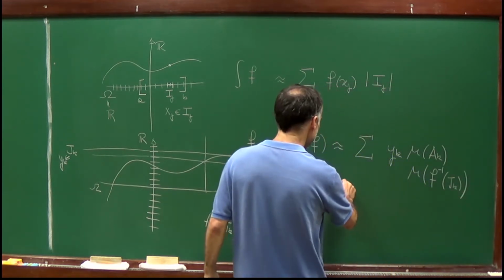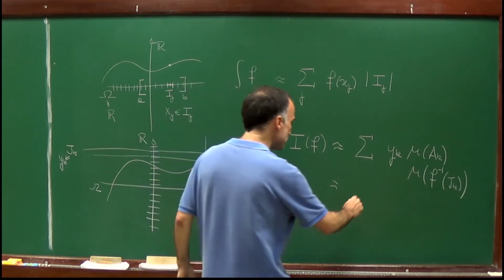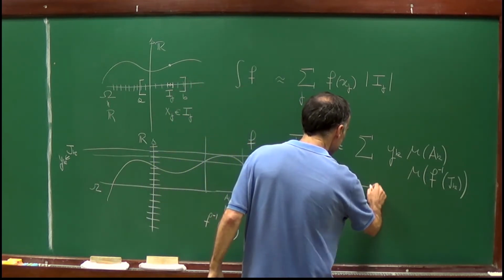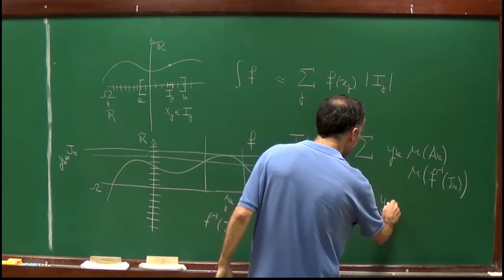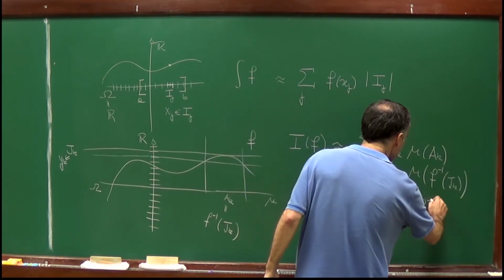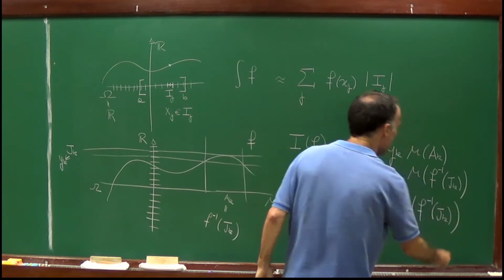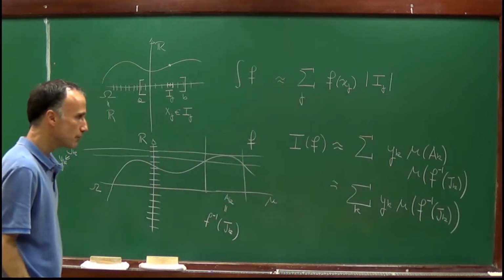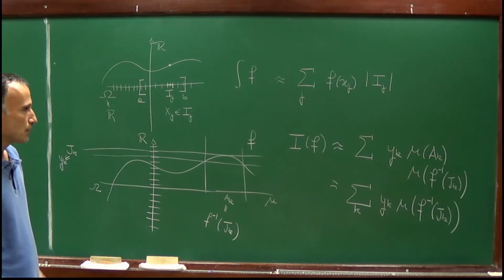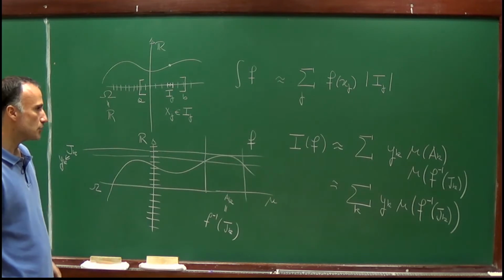Right, so we would like the integral of f to be close to the sum over k of yk times mu, the measure of the set which is the inverse image by f of the interval Jk. So we are changing the perspective.